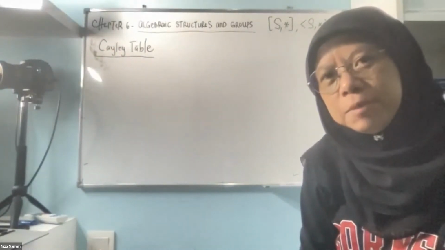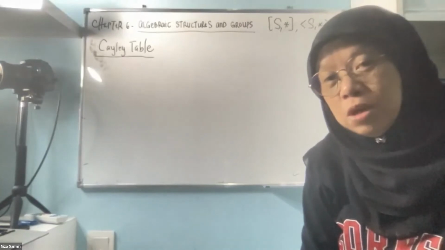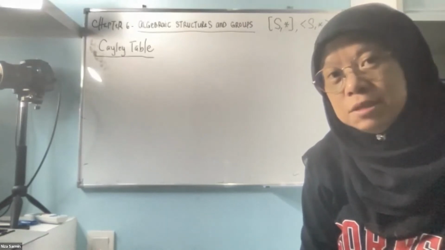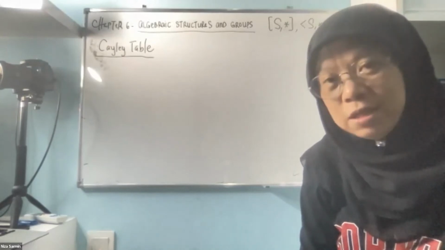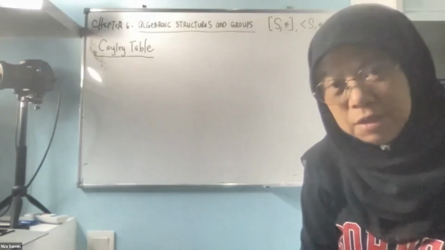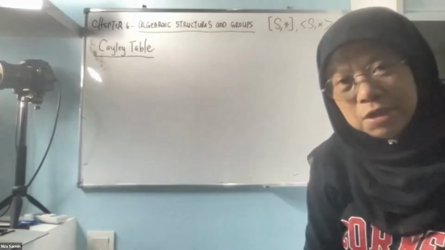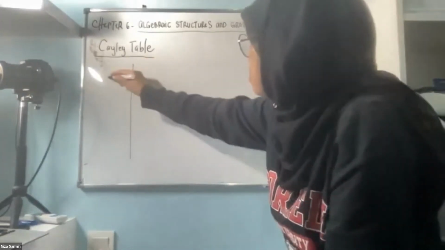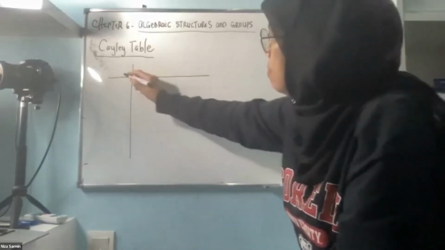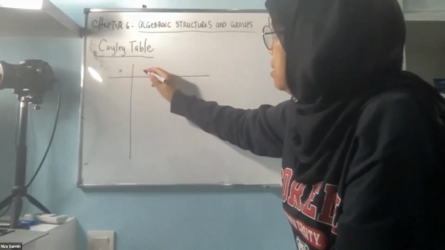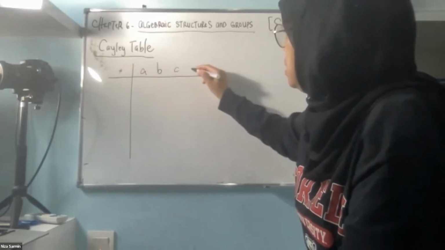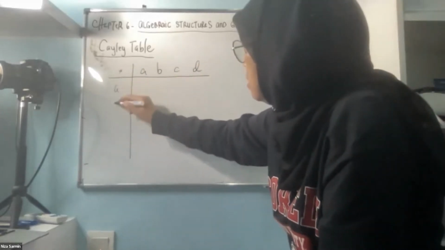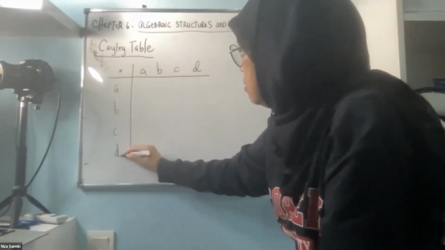Okay, Cayley table has rows and columns as elements in the group. So Cayley table is a multiplication table. Kita belajar itu kan multiplication table, but for a group. So Cayley table gives us a multiplication table. Let me call it maybe A, B, C, D, A, B, C, D.